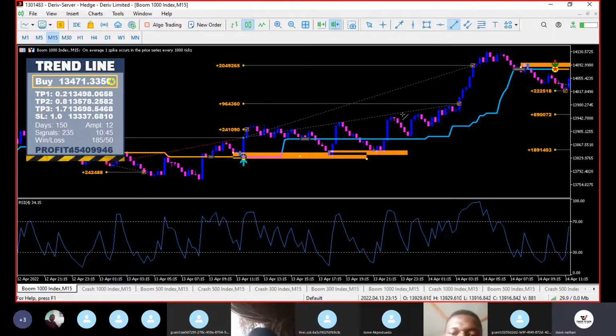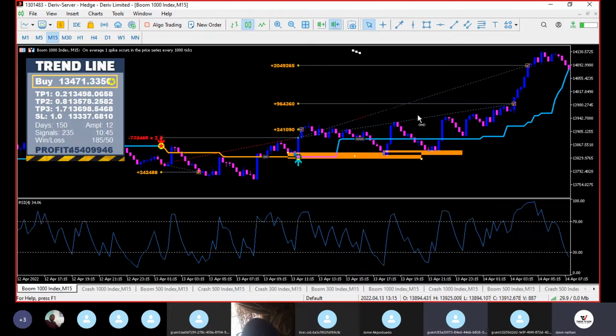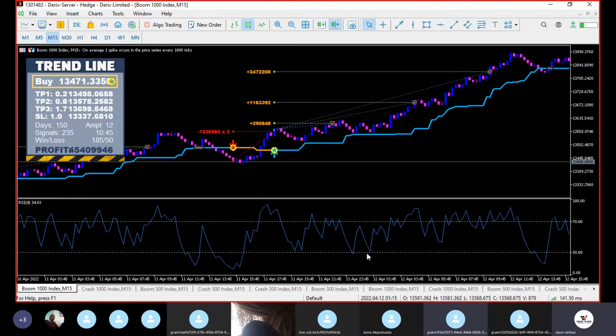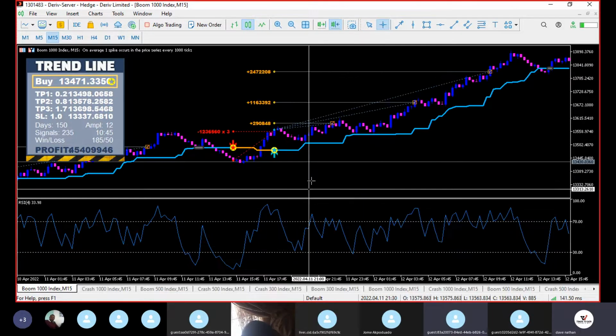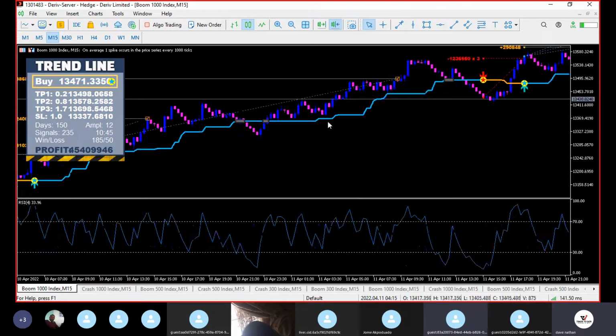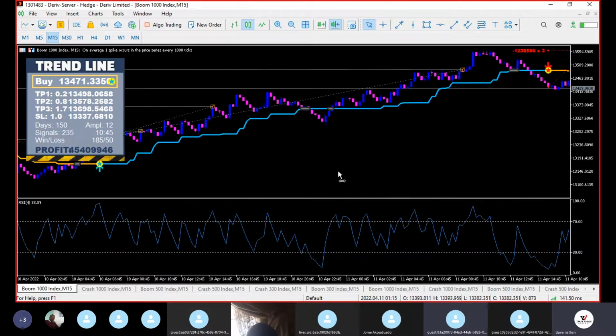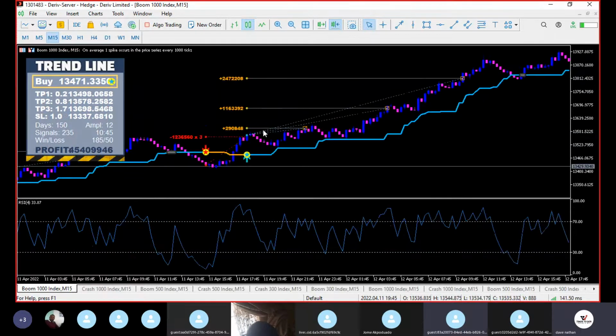I don't think so, no diagonal breakouts at this level. So this was a good signal at this level. Guys, this is good. Just enjoy yourself, make money with this as much as you can. That's all I can say.